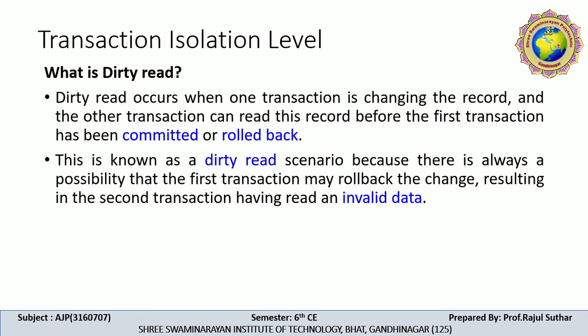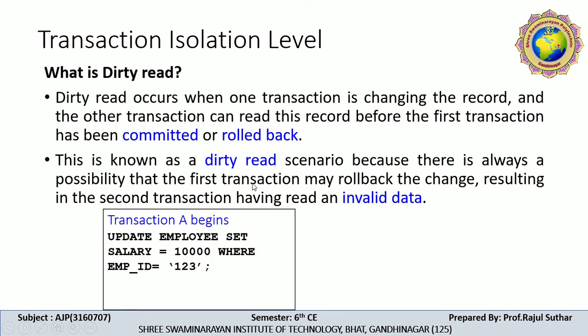This is known as a dirty read scenario because there is always a possibility that the first transaction may roll back the change, resulting in the second transaction having read an invalid value. We will discuss by example later on.